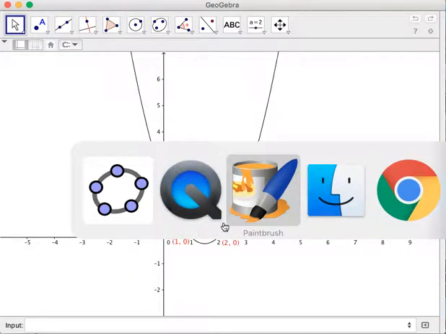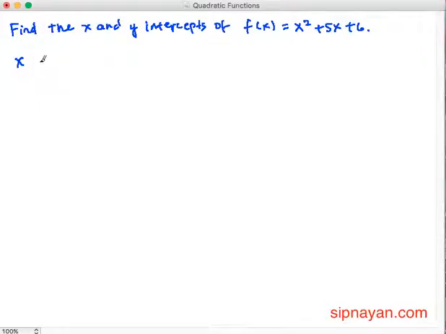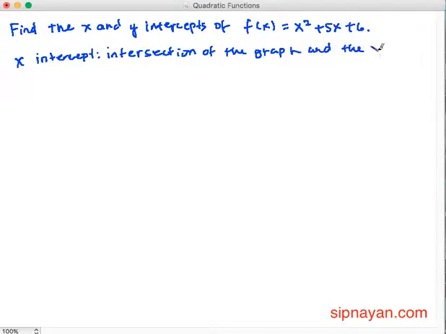So, pag sinabi mong x-intercept, yan yung intersection ng graph and the x-axis.